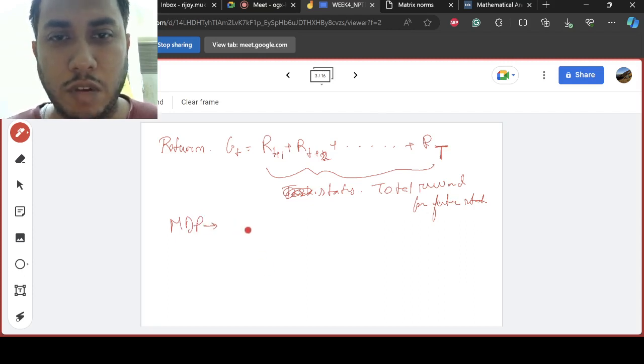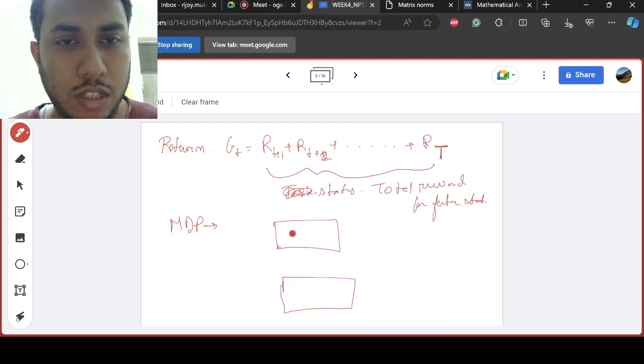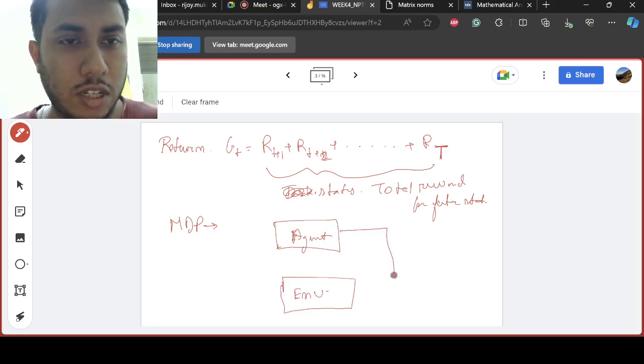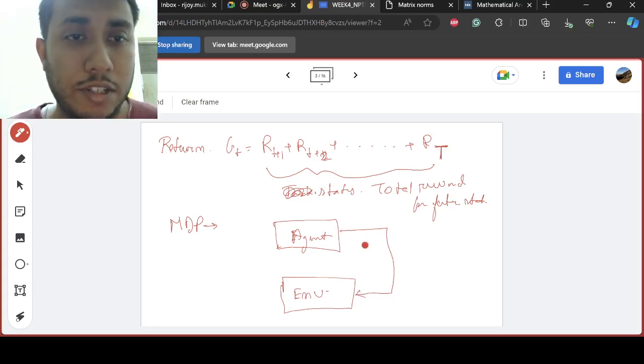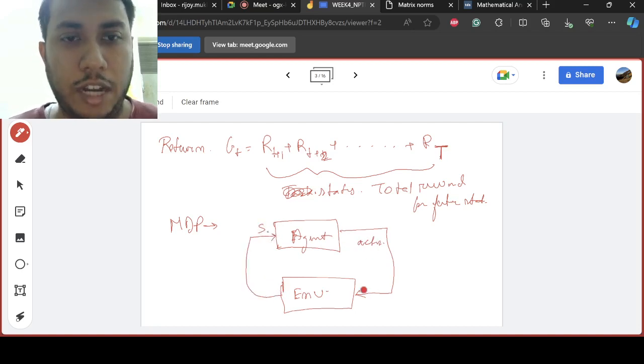We discussed what an MDP is. You have an agent and an environment. The agent first senses what state it is in, and performs an action according to it.